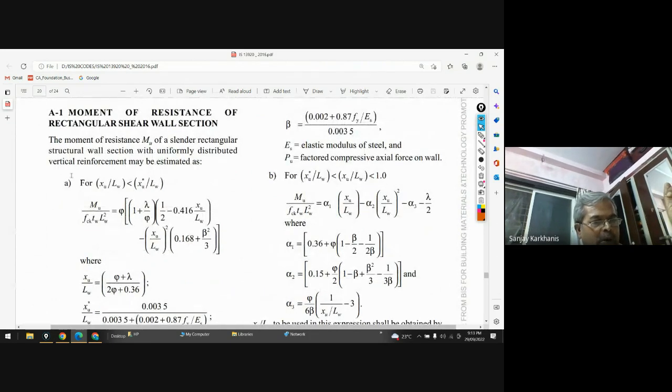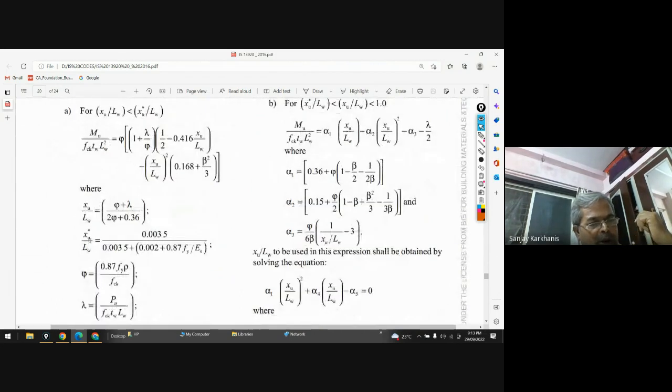So this is for a condition where Xu by Lw is less than Xu star by Lw, where Xu star upon Lw, you may go and see, is the maximum, Xu max.